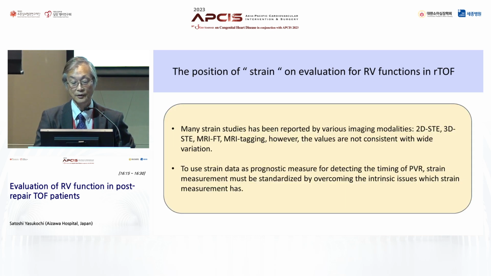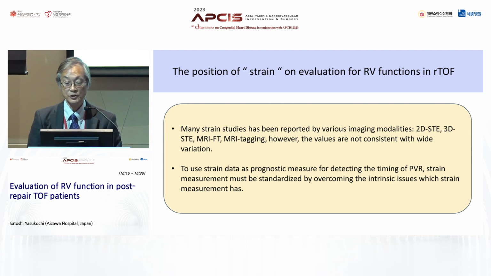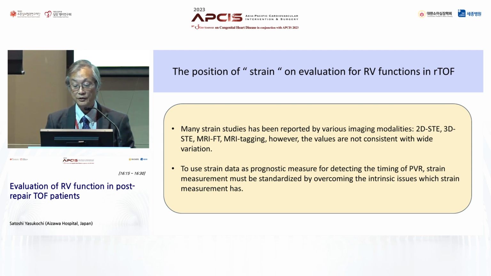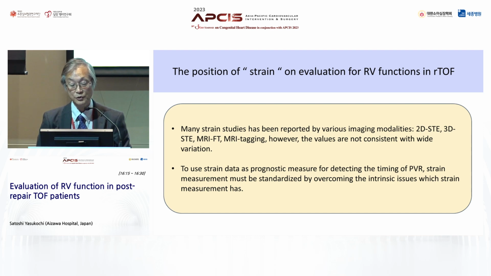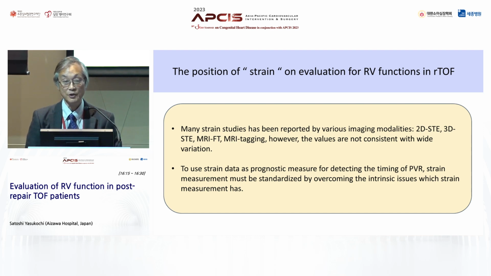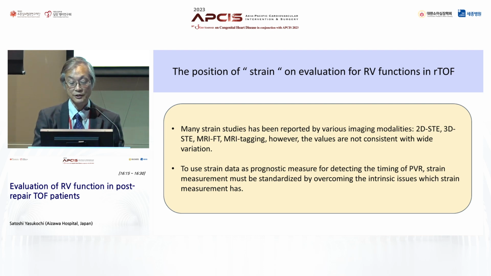The position of strain in the evaluation of RV function is summarized as follows. Many strain studies have been reported with various imaging modalities. However, the values are not consistent, with wide variations. To use strain data as a prognostic measure for detecting the timing of PVR, strain measurement must be standardized by overcoming its intrinsic issues.